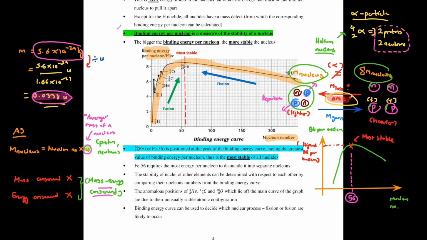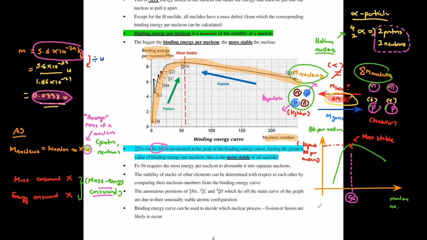So always remember that curve and the value for the peak. What's the nucleon number for the peak? It is usually 56, because ferrum 56 is the most stable nucleus. Now if next time they ask you to plot the positions of certain nuclei given their nucleon number, because you already know this curve and where 56 is, you will be able to guess the relative positions of the nuclei.